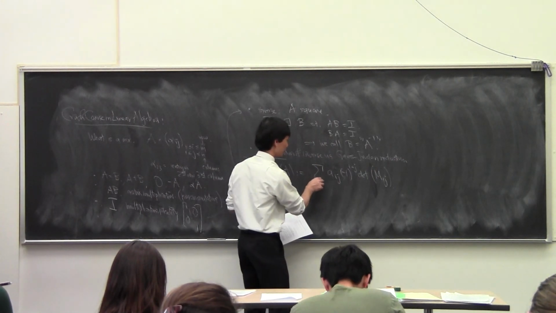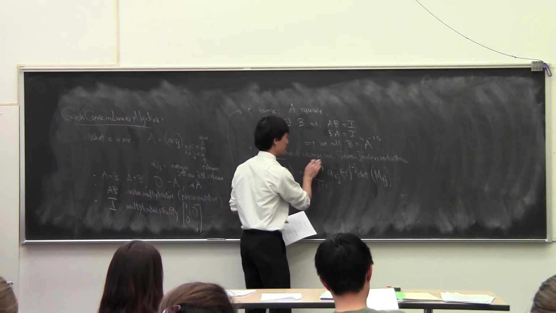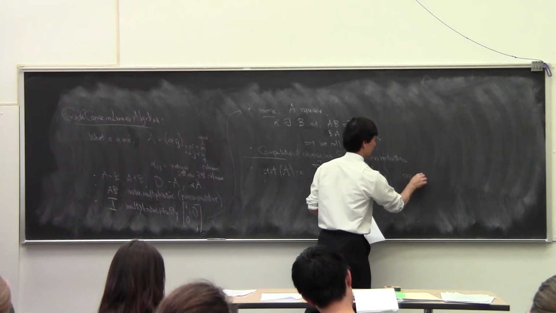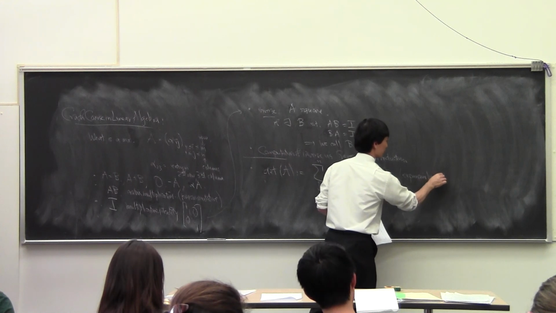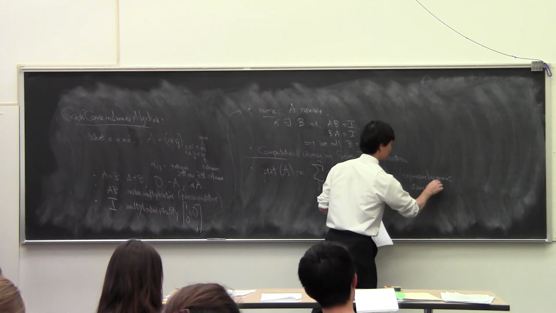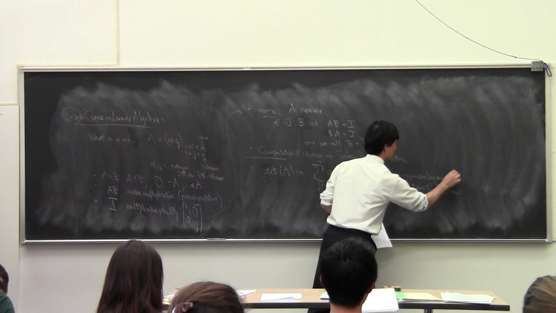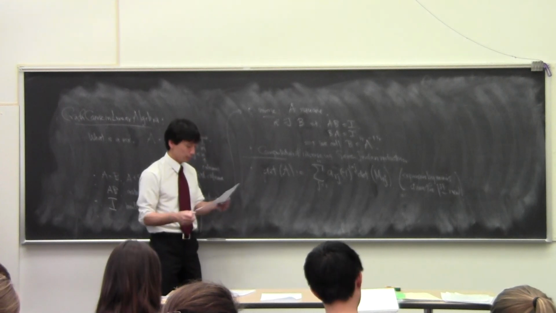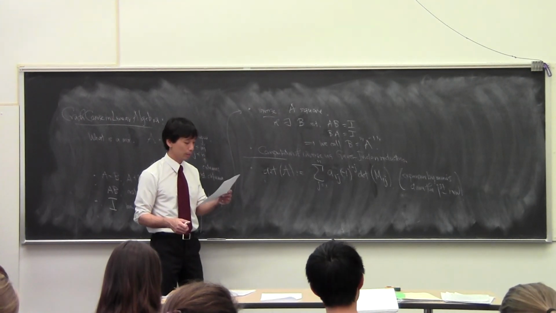This would be the expansion by minors down the first row. That's one way of defining the determinant.